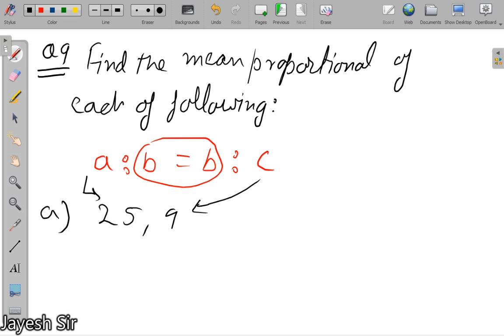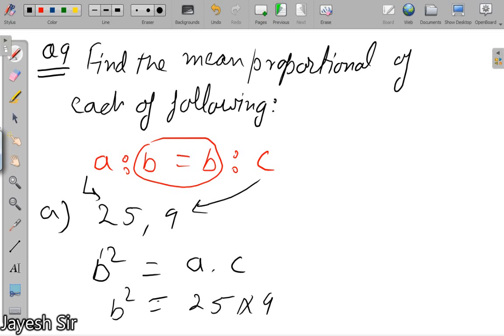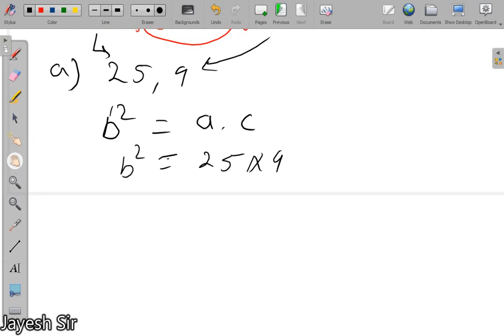We will use the direct mean formula. We have B square is equal to A into C. B square is equal to 25 into 9. 9 5s are 45, 9 2s are 18, this is 225.